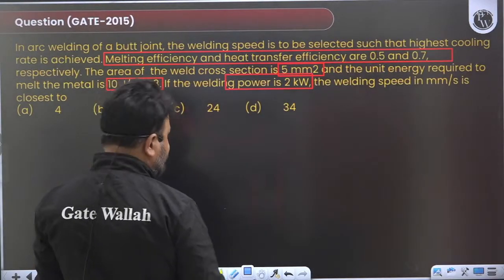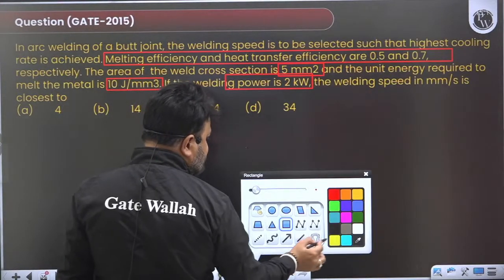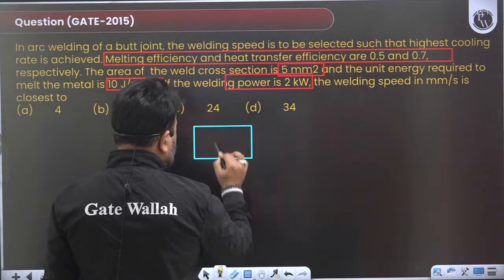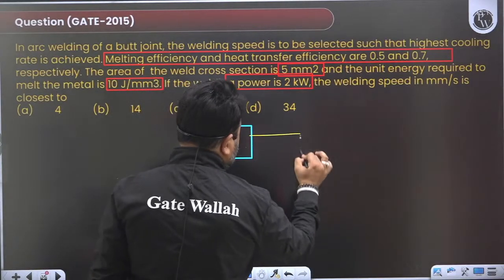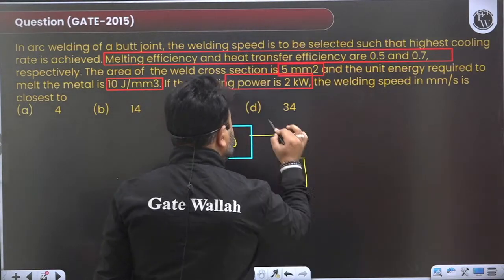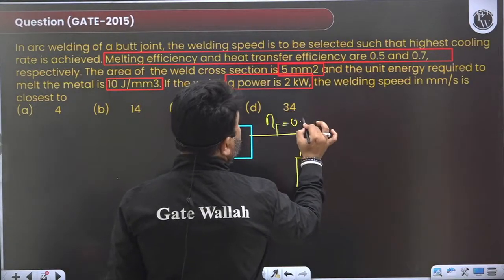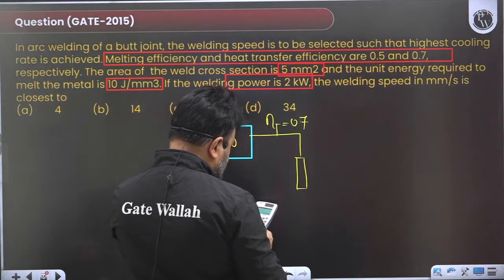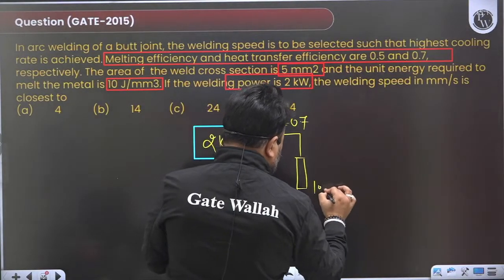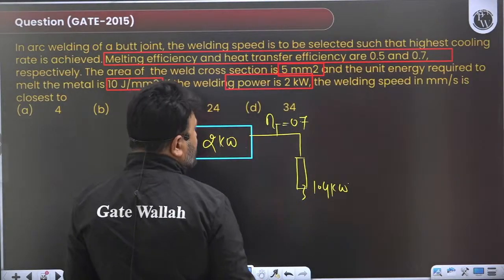With transfer efficiency 0.7, 2 into 0.7, here 1.4 kilowatt is input.